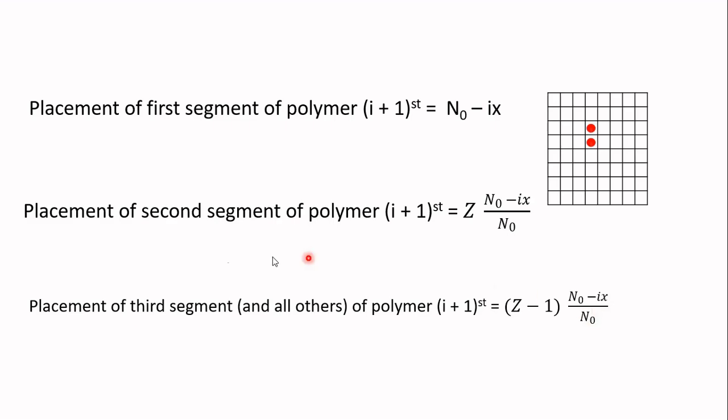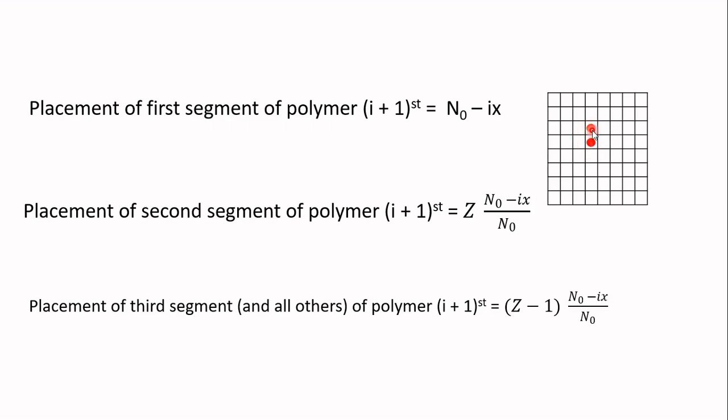This is because while we are adding the second segment adjacent to the first segment, all the sites around the first segment are free to be occupied by the second segment. But in the case of addition of the third segment and all other segments, the sites which are present around the previous segment are not all free.